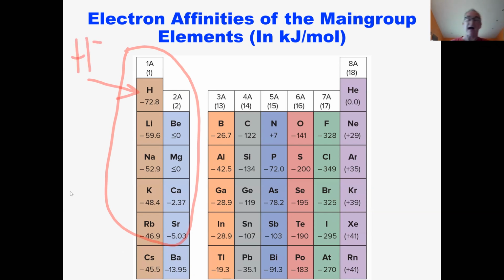Hydrogen will form the hydride ion relatively easily, but they're even more stable if they lose that electron completely. So if you compared that to their ionization energy, their ionization energy is even more negative for losing this electron. So these are the energies associated with adding an electron. They'll take an electron if they have to, but you'd see much more energy lost when they become even more stable by losing it.